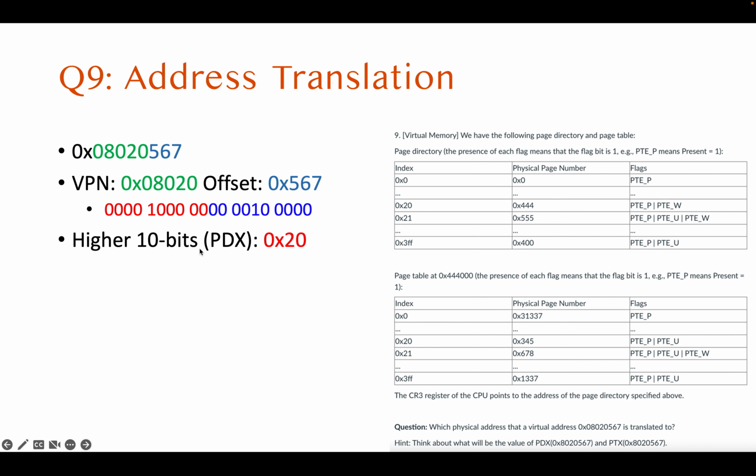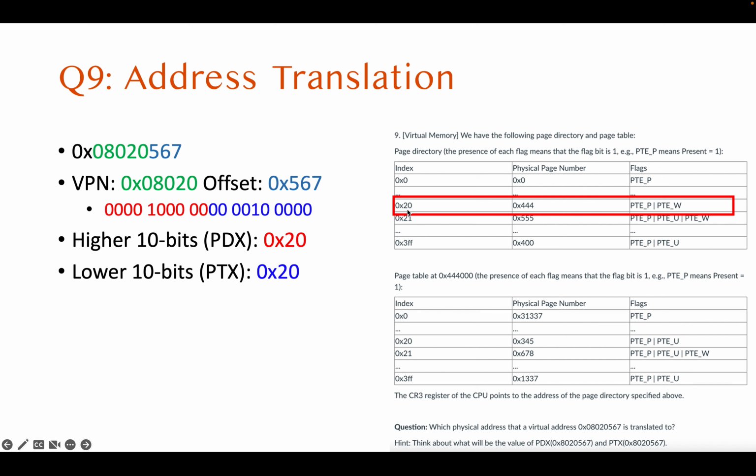So the higher 10 bits are the page directory index, that's 0x20, so we will choose this entry. And the lower 10 bits are 0x20 as well, so we follow the physical page number here, referring to the page table at 444000, and then we will use the page table index 0x20 to index the correct page table entry.